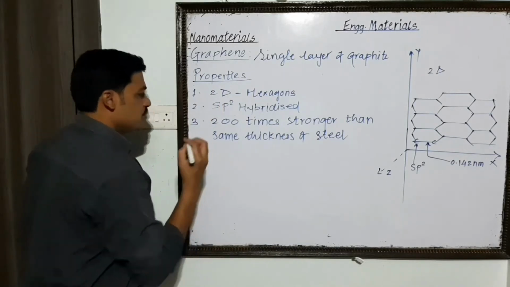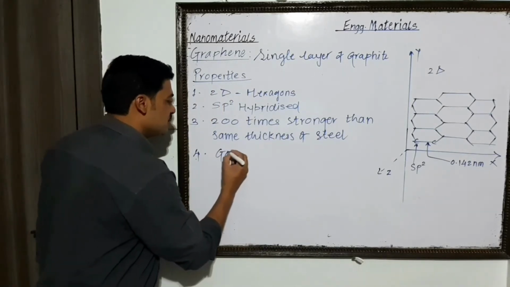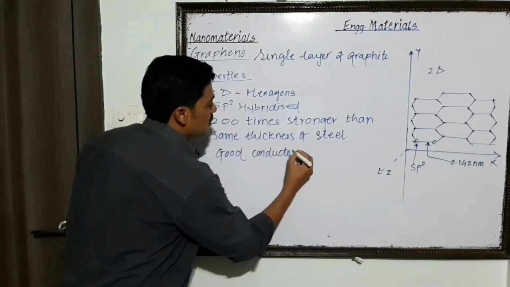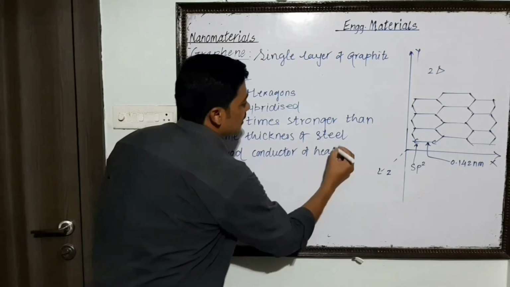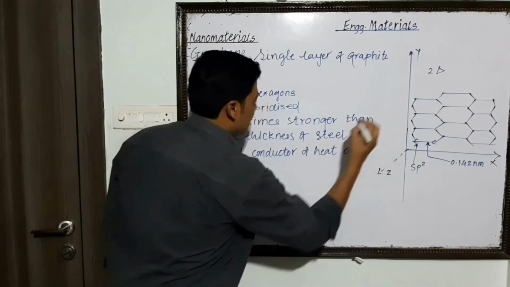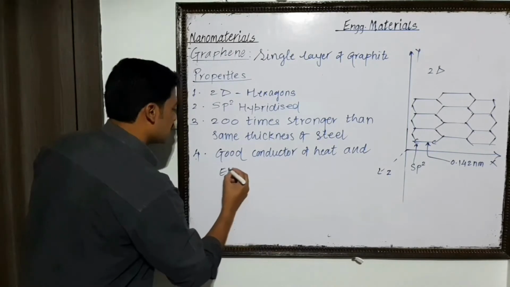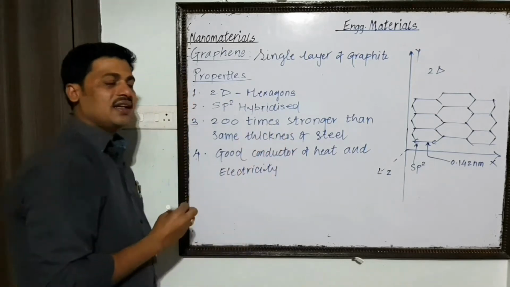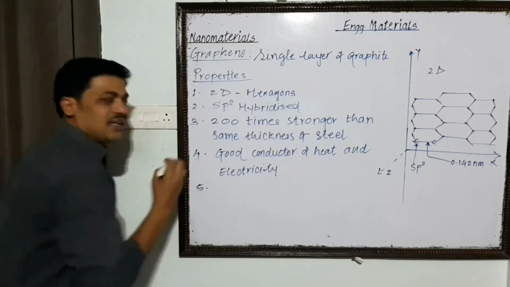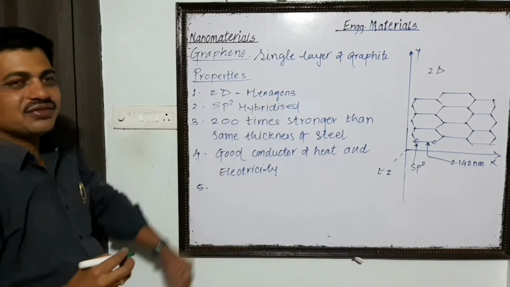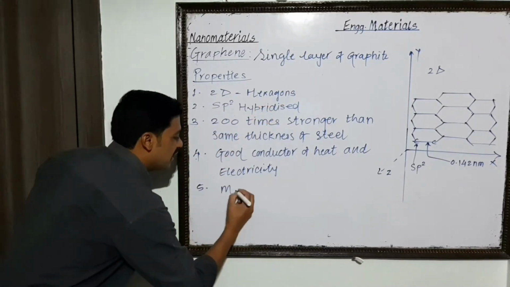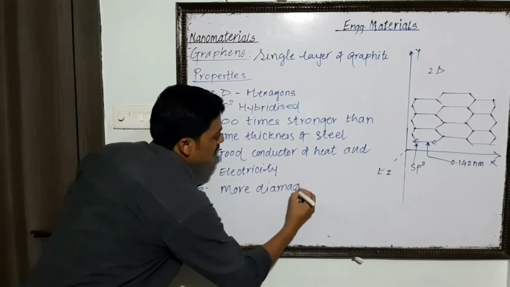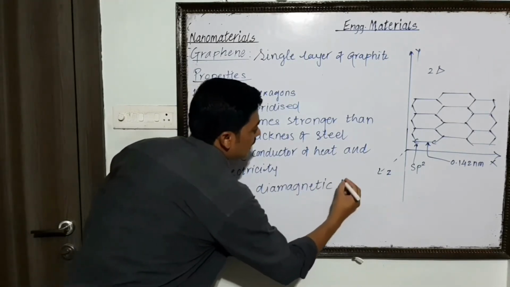Fourth important property: it is a good conductor of heat and electricity. Next important property: graphene is more diamagnetic than graphite.